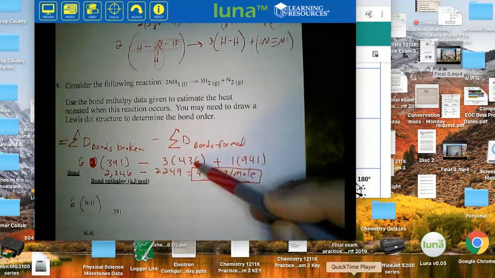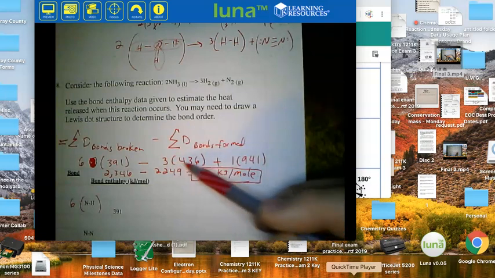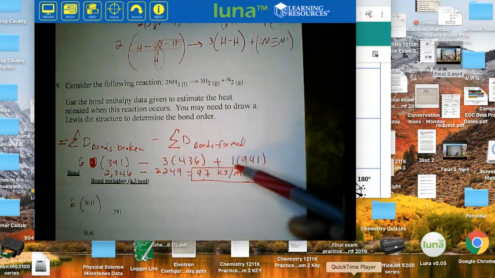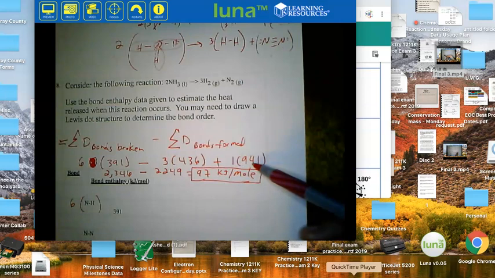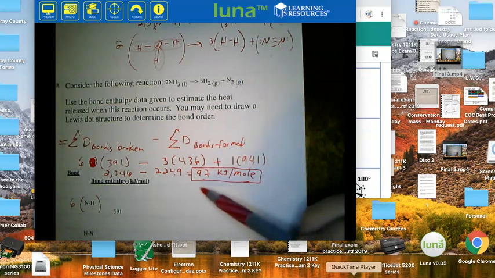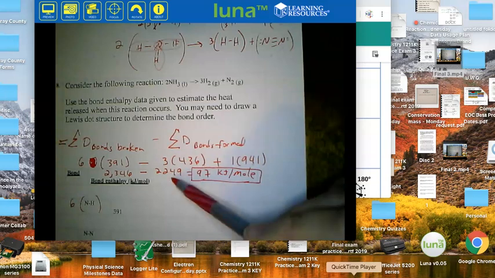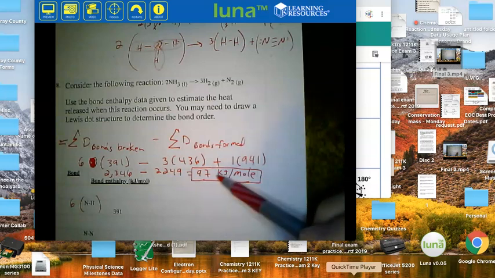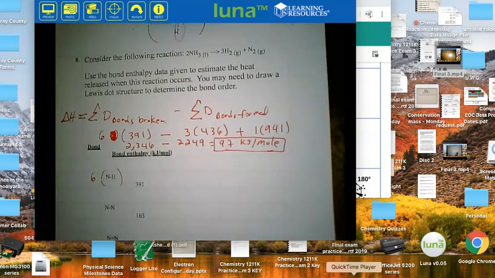We have 3 hydrogen-hydrogen bonds and then 1 nitrogen-nitrogen triple bond. We add those together to get 2,249. So the difference between those two values is 97 kilojoules per mole. All right, so that's how you answer that question number 8.